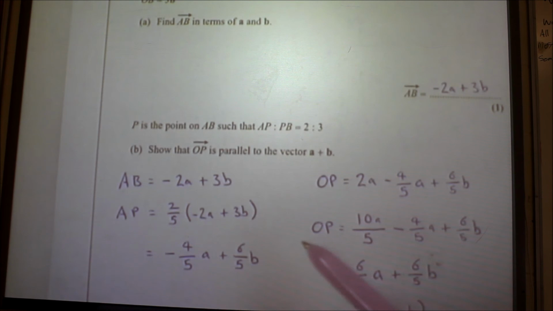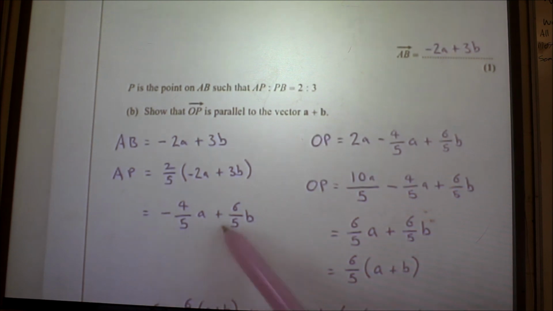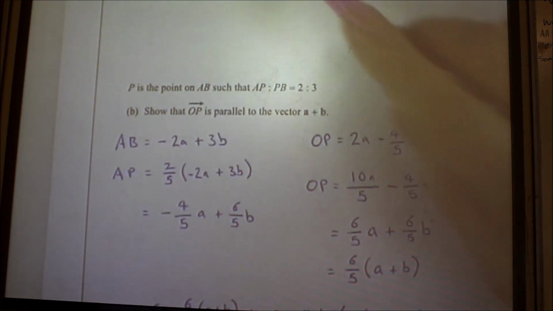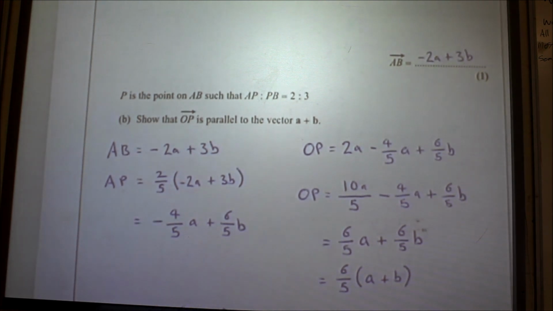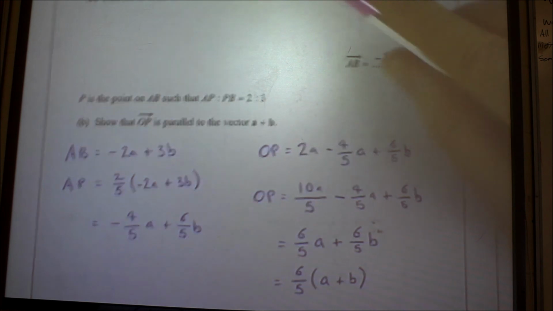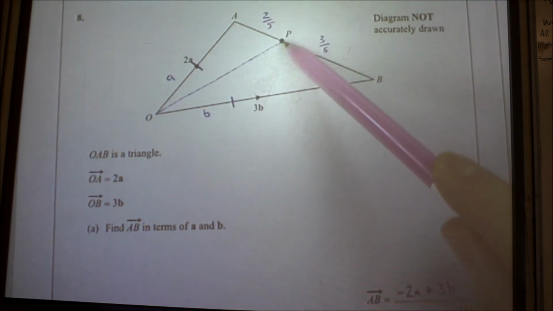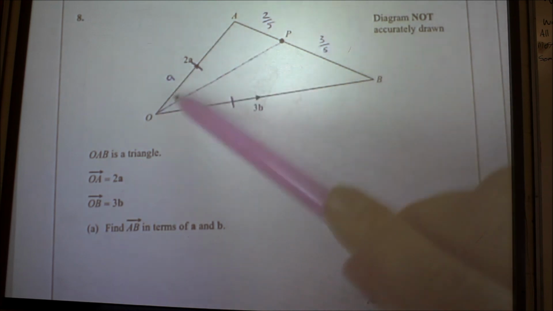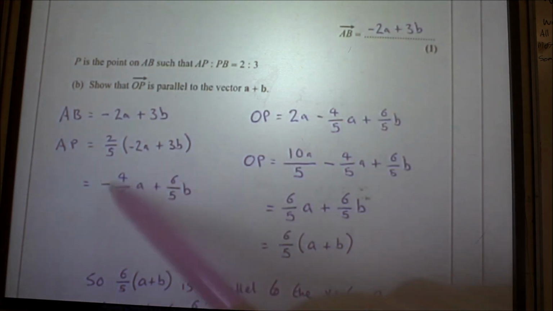So what I've done here in my workings, it's 2/5 of what it is above. I've multiplied it out and you should get that. Now, to go from O to P, first of all we're going to start at O. So we want to go all the way up there, then we're going to take that 2/5 journey there. So from there to there is 2a. So you add 2a on the start and then you put this in here.